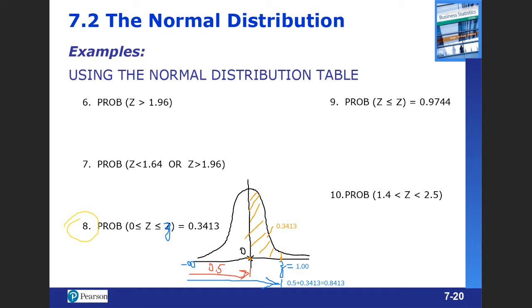Okay, so maybe take a picture of this if you want. And I'm going to look in the middle of the table for 0.8413 and try to find it at a particular z value. So looking in the middle of my table, it can't be in the first table because this has all the negative values of z, right?